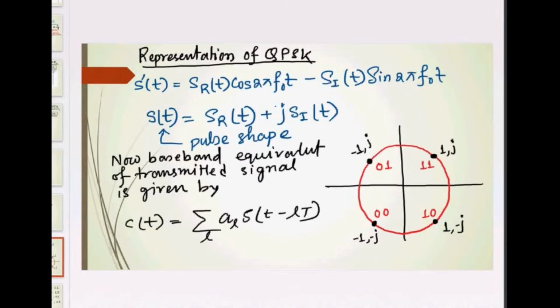Now the representation of a QPSK signal. So s'(t) is in general any passband signal, and s(t) is the baseband equivalent model of this signal. So this is the constellation diagram for the QPSK signal. Now the baseband model or baseband equation of the QPSK signal is this one. In this baseband equivalent model, this a_l conveys the phase information.